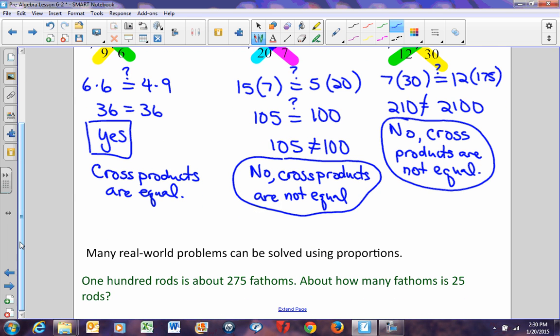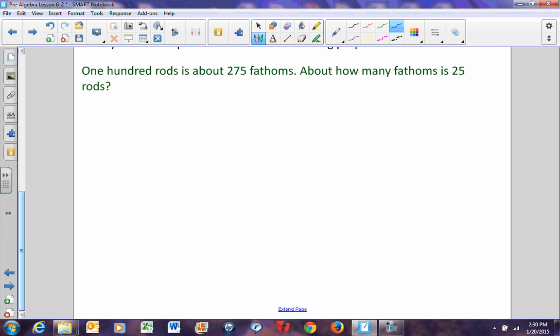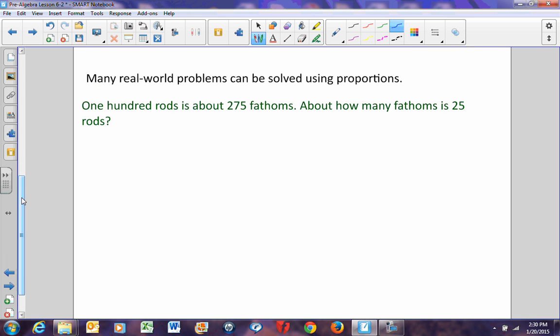Now, many real-world problems can be solved using proportions. For example, if I have this following problem, 100 rods is about 275 fathoms. How many fathoms is 25 rods? You might be going, what in the world is a rod and a fathom? They happen to be maritime, otherwise known as shipping or boating distances.